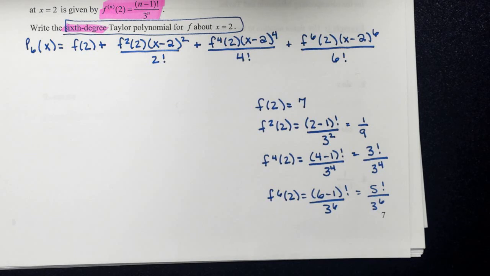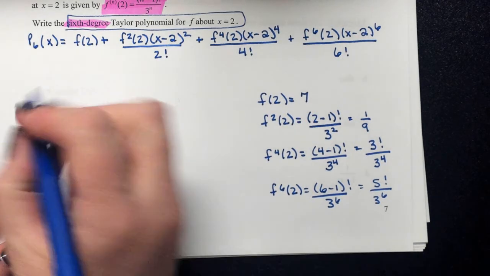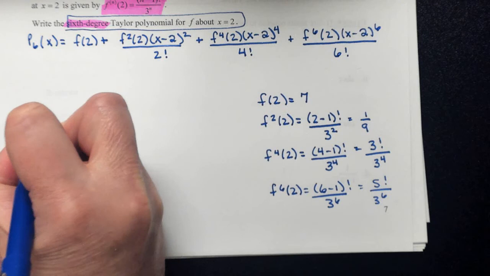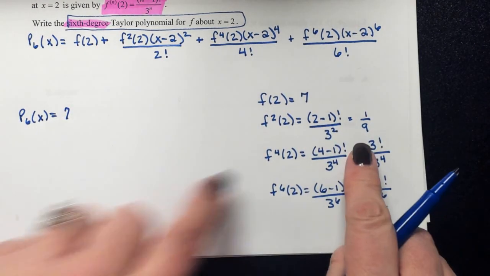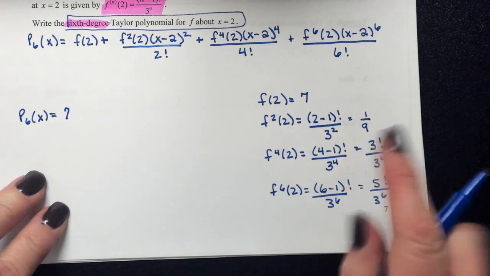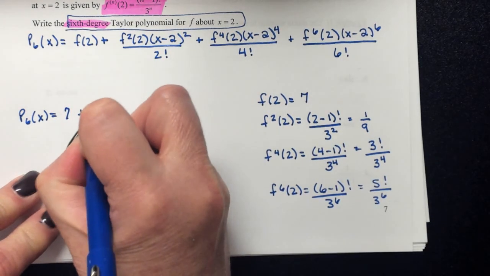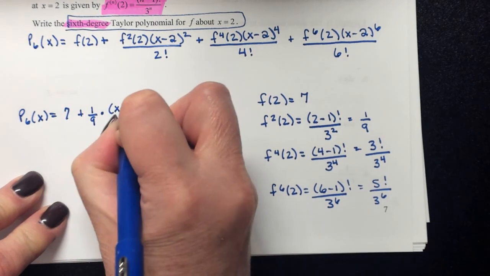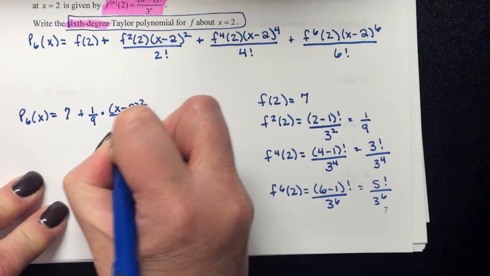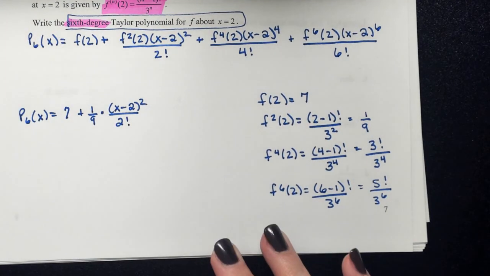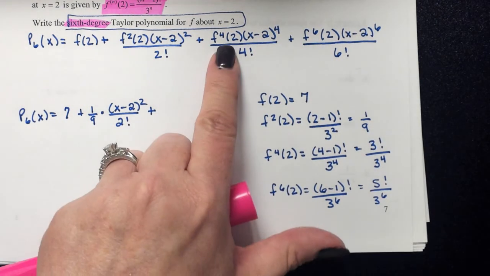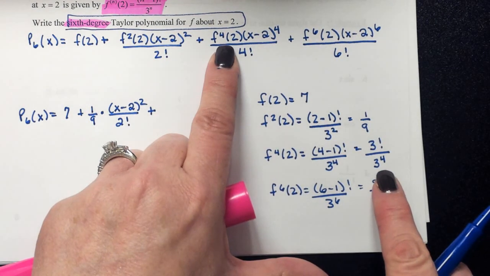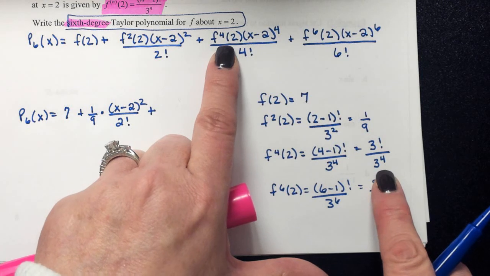So now I'm ready to plug them into my Taylor polynomial. So my 6th degree Taylor polynomial: f of 2 is 7. I found the second derivative to be 1/9. So it's going to be 1/9 times (x minus 2) to the second over 2 factorial. Plus, the fourth derivative at 2 we found to be 3 factorial divided by 3 to the fourth.